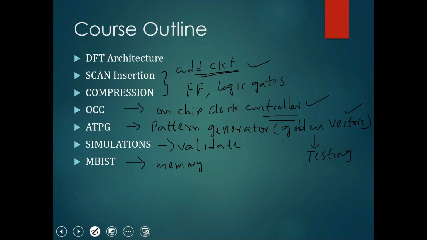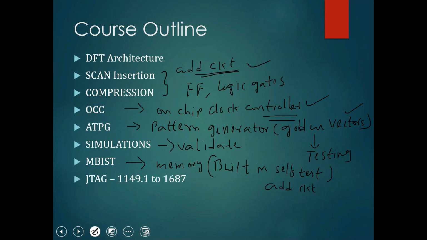So further, we have an extra circuit called built-in self-test. Built-in self-test is an extra circuit that we are going to add. Since it is related to memories, it's called memory based, or MBIST. So this is also an additional circuit.